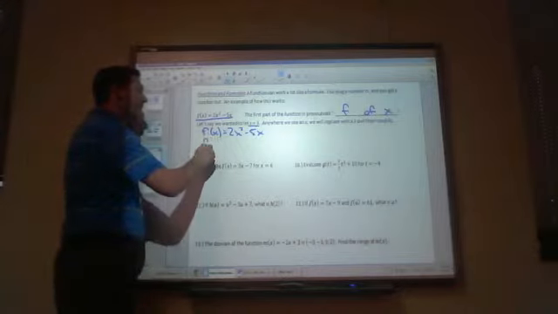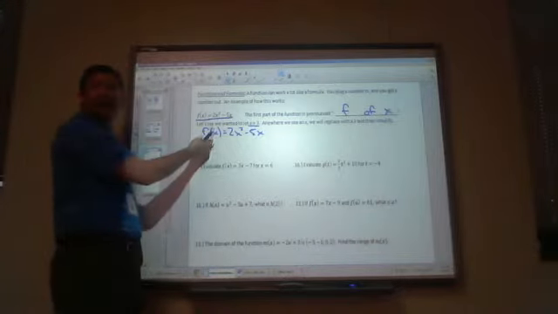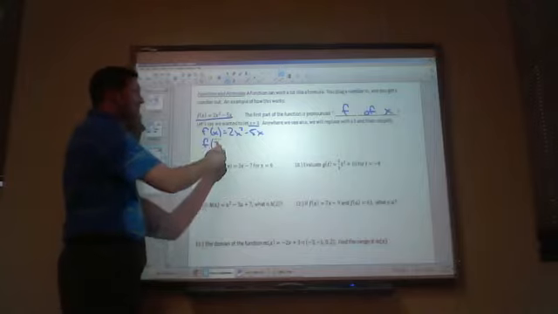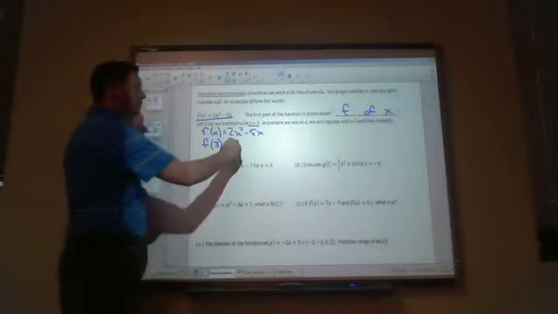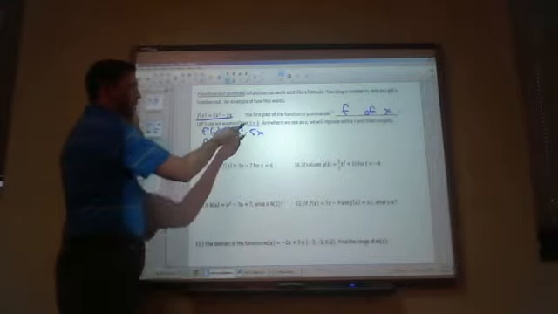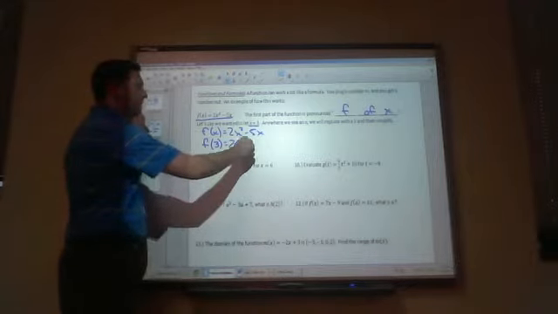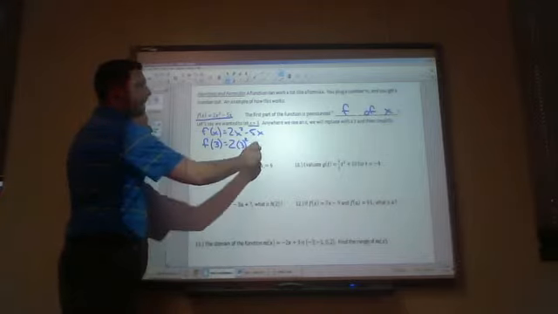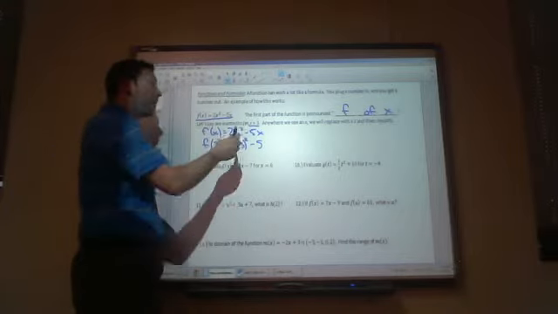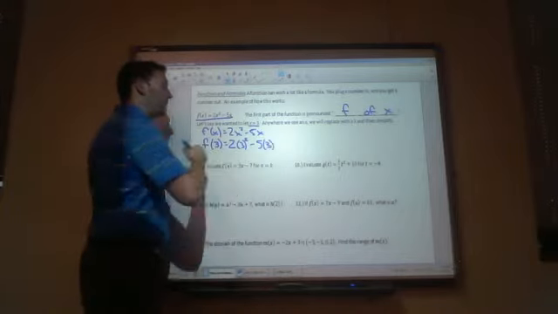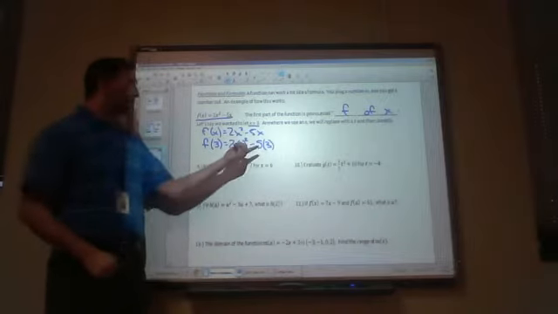So f of 3 is going to be equal to 2 times (3) in parentheses, which is still being squared, minus 5 times another x, and again, wherever we see an x, we're going to replace it with a 3, and we can simplify that.